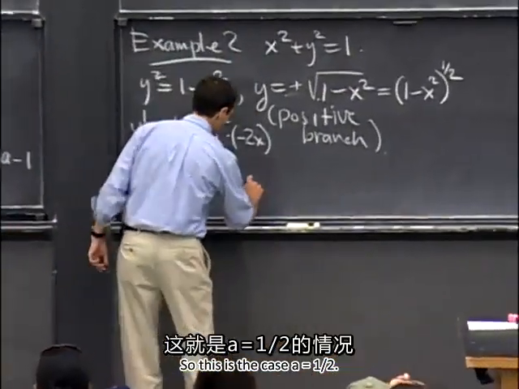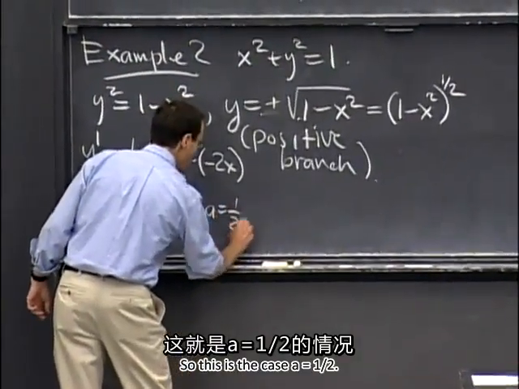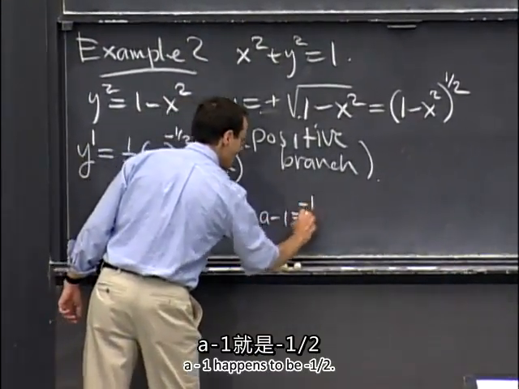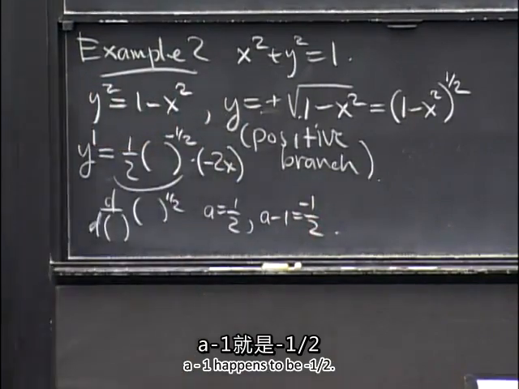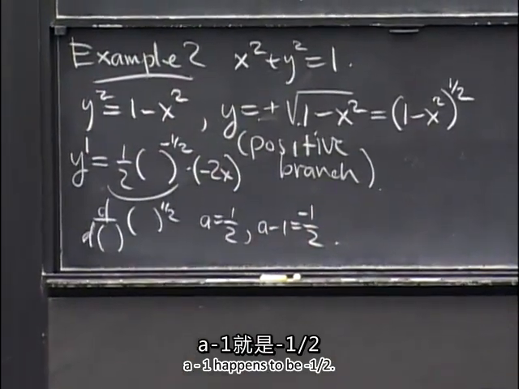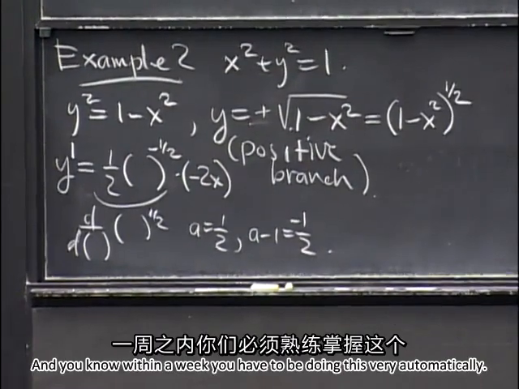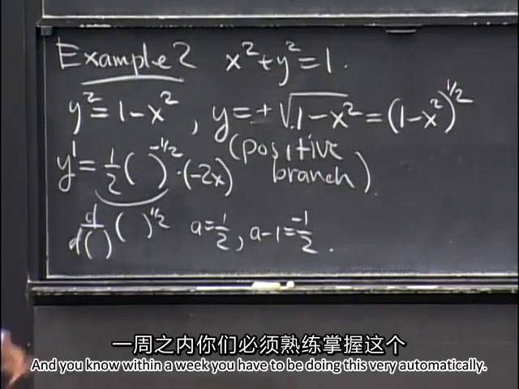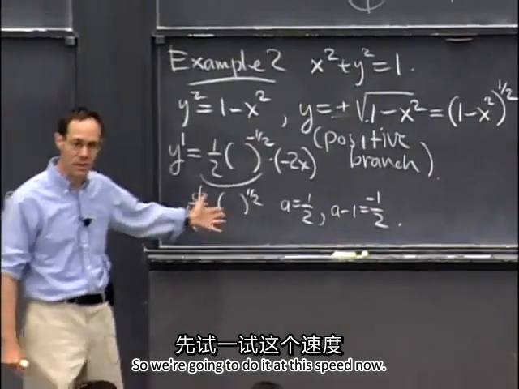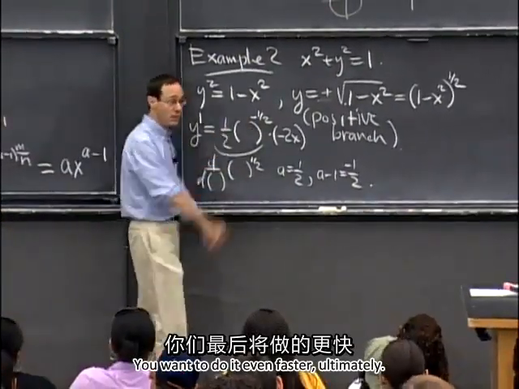So this is the case a equals 1/2. A minus 1 happens to be minus 1/2. Okay, so I'm putting all those things together, and within a week you have to be doing this very automatically. So we're going to do it at this speed now. You want to do it even faster ultimately.